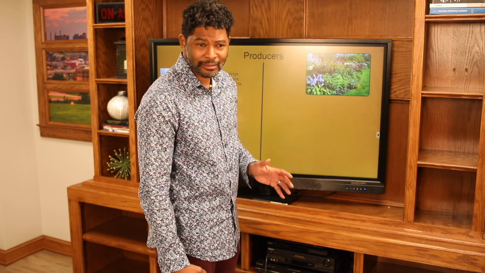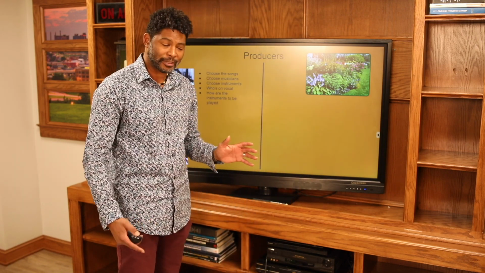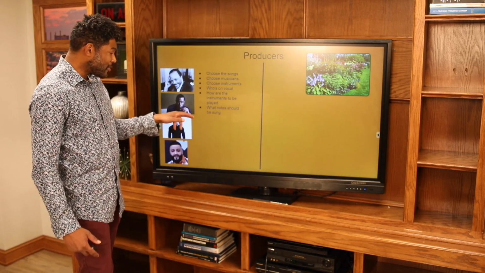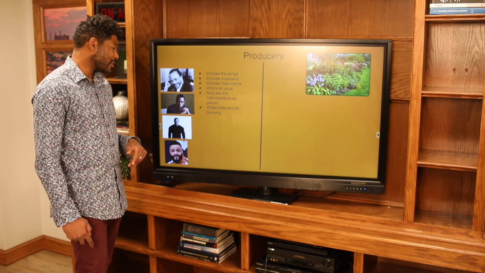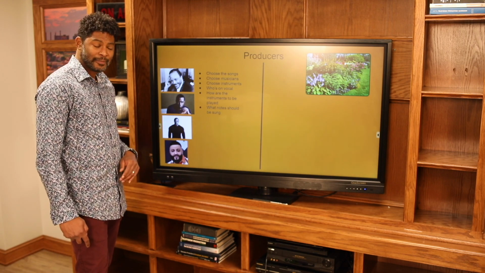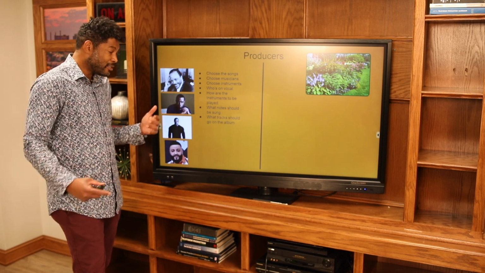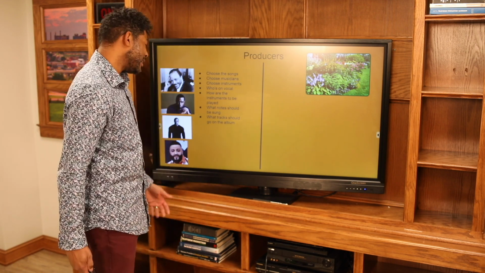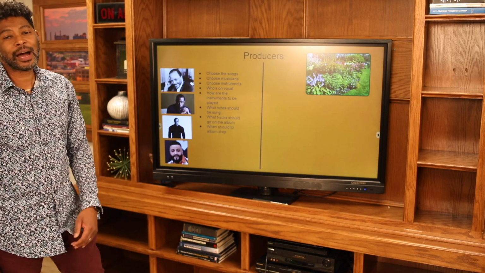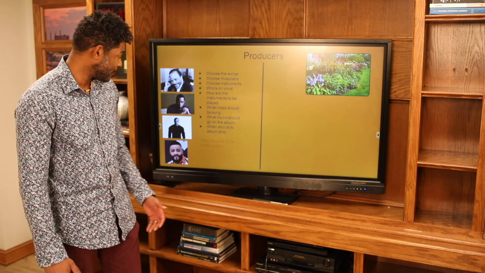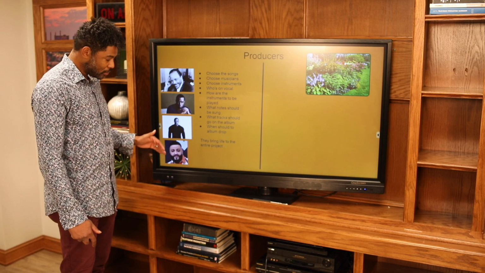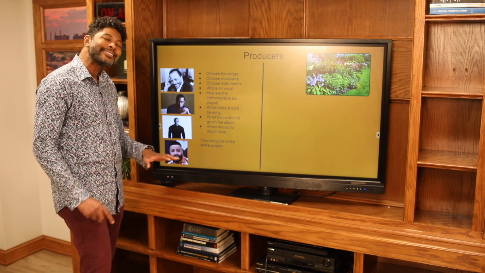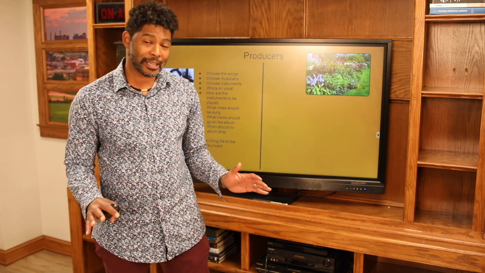I didn't like the guitarist, we're going to do this a little different. The other thing is what songs are going to be sung and what notes are going to be sung. When you're going to put tracks on the album. What needs to go on the album? And the most important one is when you're going to drop the album. So basically, the producer brings life to the entire project.